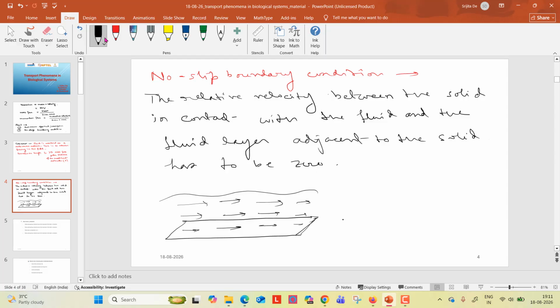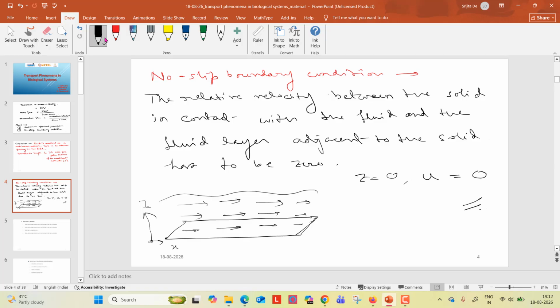So suppose this is the X direction and this is the Z direction. At Z equals 0, the velocity of the fluid, that is u, is 0.